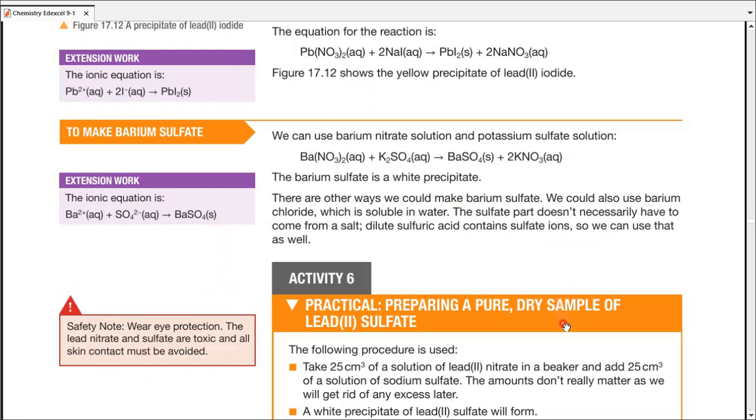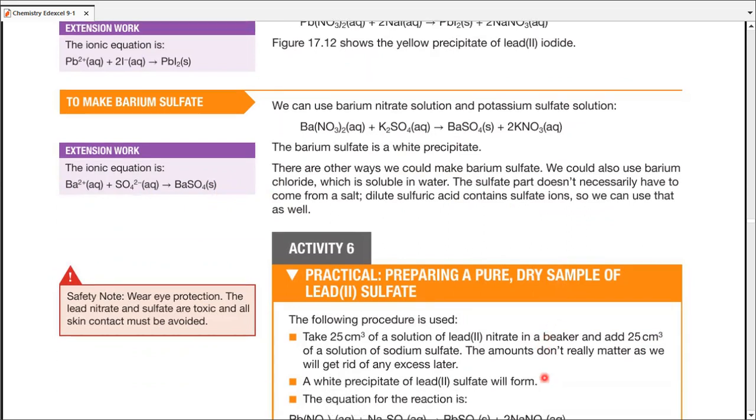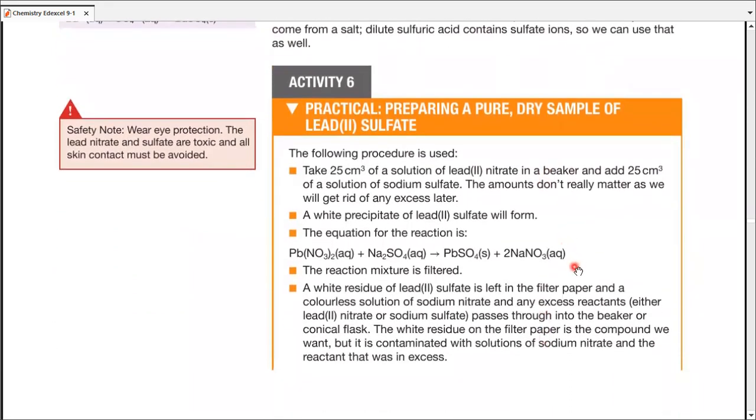Now, apart from all of this theoretical work, we might need to go with something practical. Whenever you are about to handle something toxic, for example, sulfates and lead compounds are all toxic, skin contact must be avoided. So wear protection, whether those are gloves or eye protection, whatever that is, always be safe.